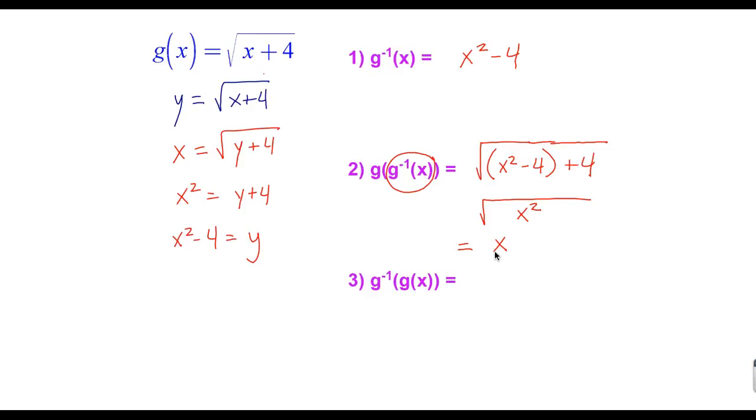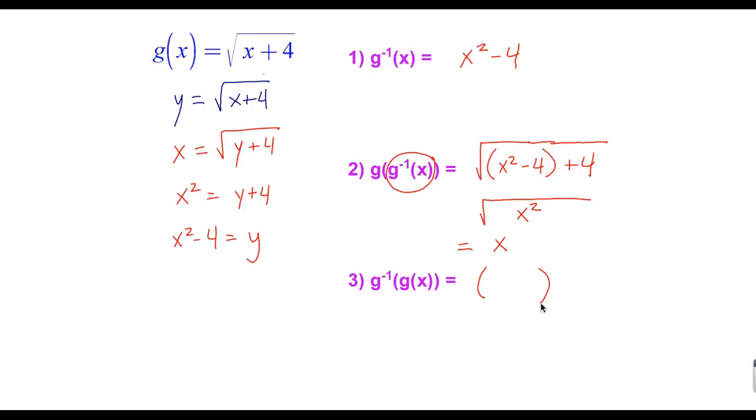So let's try the other one. So now what we're going to do is take g of x and plug it in, where we're looking at that top one, number 1, x squared up here. I don't know if you can see my cursor or not. So I'm going to take g of x and plug it in.